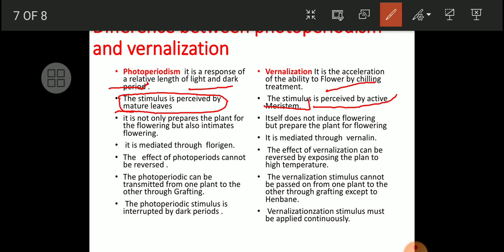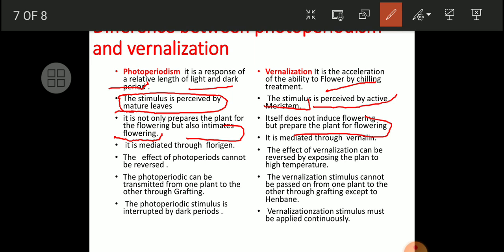That is the difference between photoperiodism and vernalization. Photoperiodism not only prepares the plant for flowering but also initiates the flowering. That is most important. Vernalization itself does not induce flowering but prepares the plant for flowering.